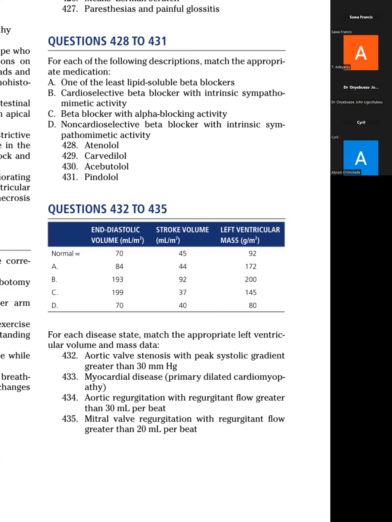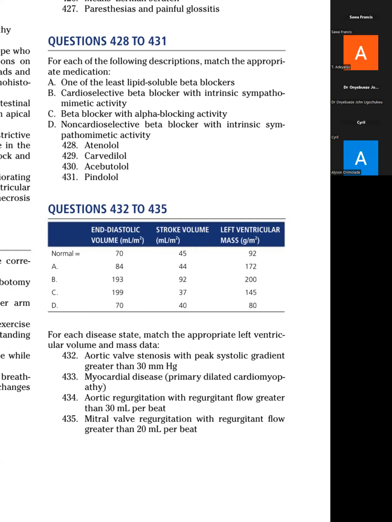Okay. Now 435. In 435, we have mitral valve regurgitation with regurgitant flow greater than 20 ml per beat. Here we have exactly what we saw in the echo findings, mirroring the cardiac chamber and wall findings. We mirror what we saw in the aortic regurgitation.